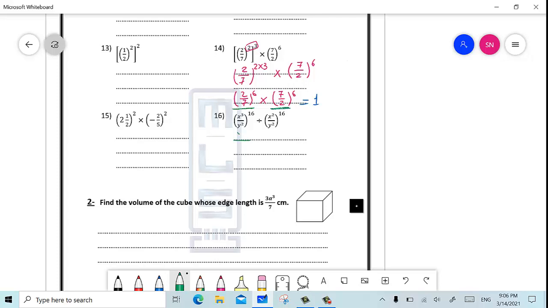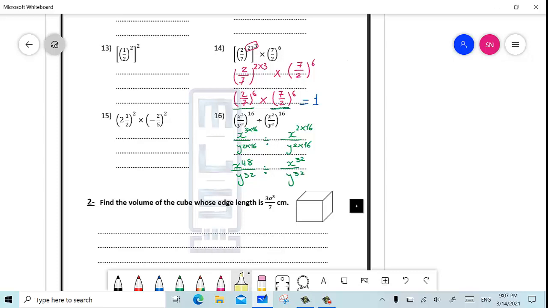So now I will have x to the power of 3 times 16 over y to the power of 2 times 16, divided by x to the power of 2 times 16 over y to the power of 2 times 16. I'm going to have at the end x to the power of 48 over y to the power of 32 divided by x to the power of 32 over y to the power of 32.